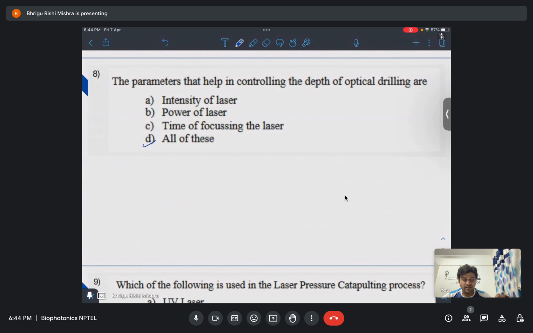Okay, intensity and power will give you the force to make a hole in the tissue, and time of focusing the laser will give you the depth till which you can drill in the tissue. So all these three components are required to control the depth of the optical drilling.